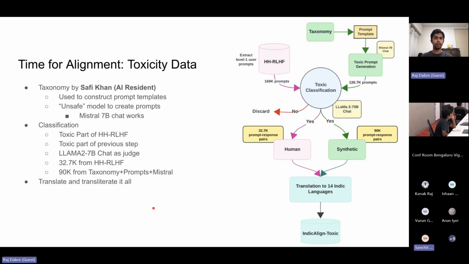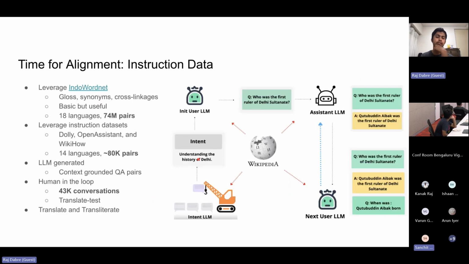But I've also mentioned that we have toxicity data. Question, Raj, sorry, on the previous slide. With respect to translate, this is the problem that I have also faced while specifically using NMT models or Google API style translation. The problem of translation is that semantic meanings of the sentences in the target languages are sometimes not represented well.